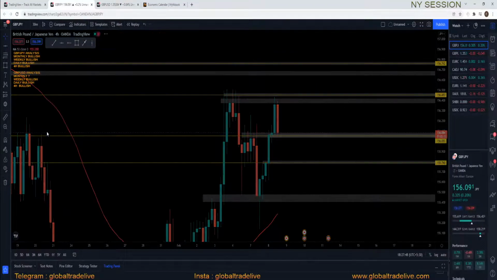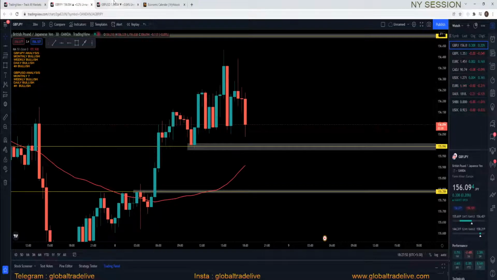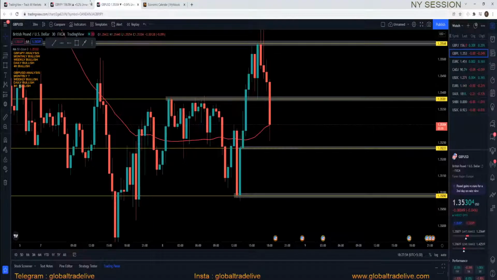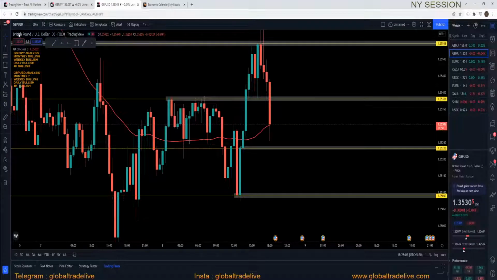I really have a doubt about that, because the candle's average range is not that much, so I don't think that's gonna happen. Oh, look over here, GBP USD just went all the way down. Yeah, it went all the way down. Nice. But look over here, it's rejecting this area.